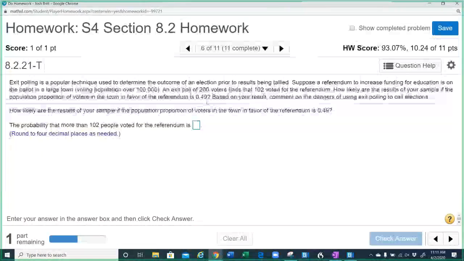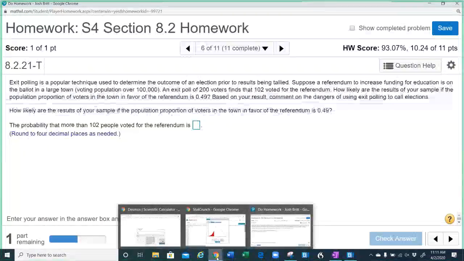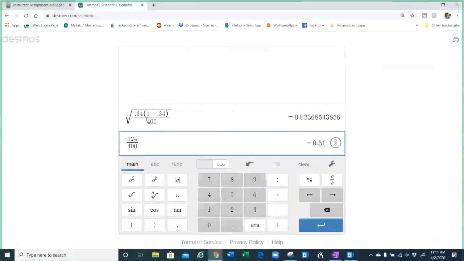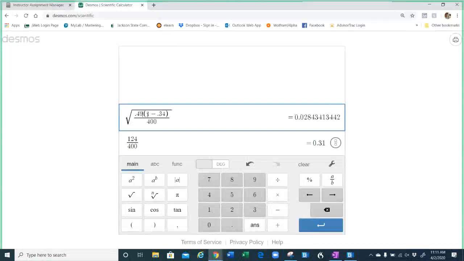And then sample size is 200. So we can get our standard deviation, 0.035348.